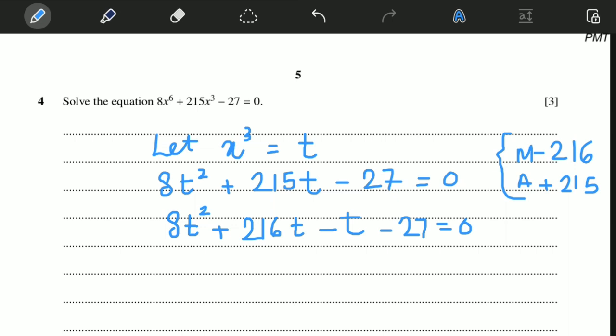So now simplify this. Taking 8t common, t plus 27, as we see in the start as well, that 27 times 8 is 216. So 8t out will give you t plus 27, and minus 1 will give you t plus 27.